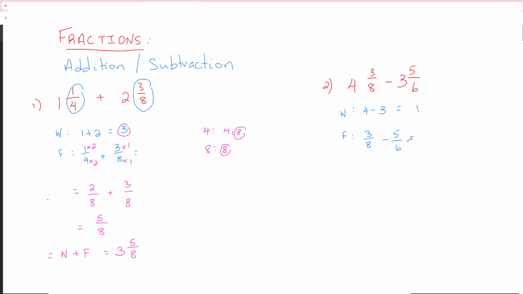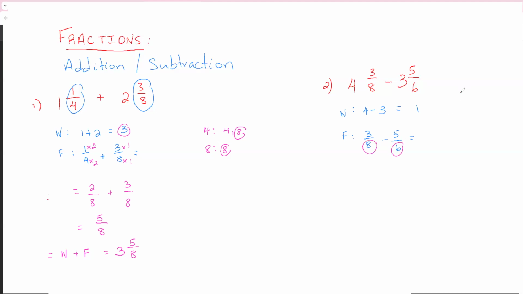And now we have to subtract the fractions. So we have 3/8 minus 5/6. Denominators are different. So we have to find the LCM.